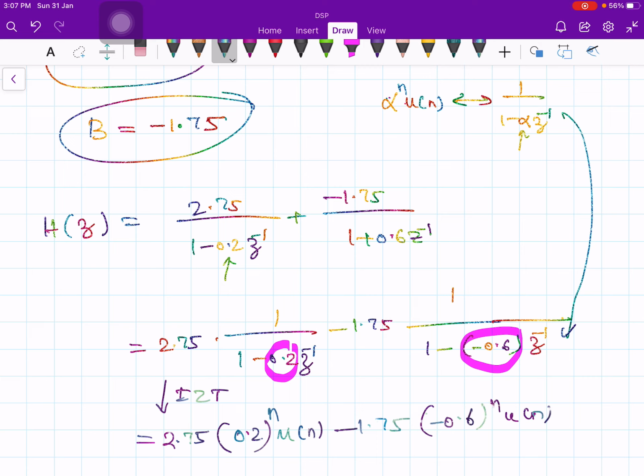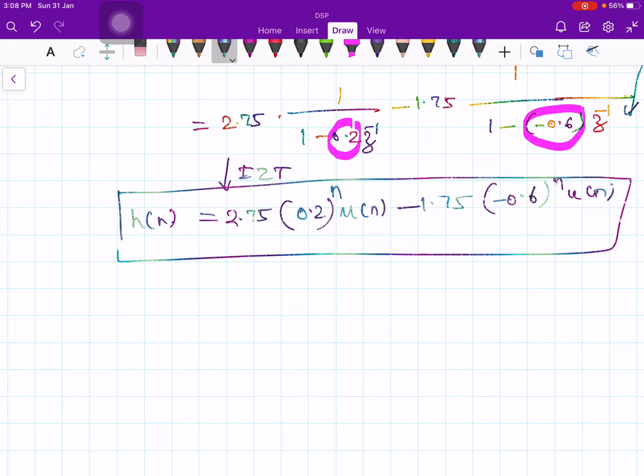Why did I put u of n here? Because in the given problem we assumed causal h of n. Causal means right sided sequence, and right sided sequence means it is multiplied by u of n. So this is the inverse Z transform, because you wanted a causal sequence.